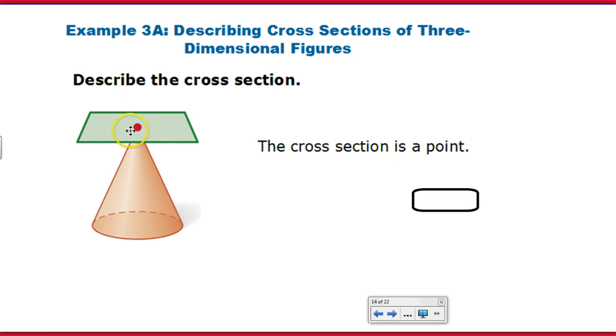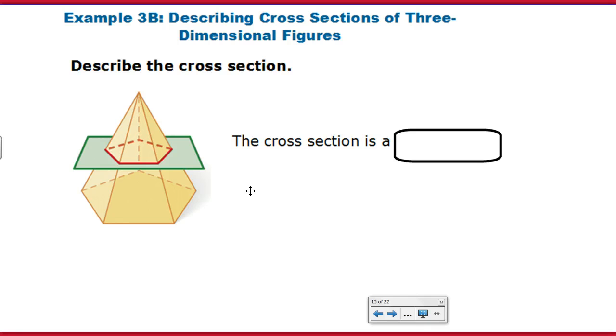It's crossing just at the very vertex of the cone. Imagine we could lower that plane and have it cut through the cone here somewhere. In that case, the cross section wouldn't be a single point, but it could be the points that would create what shape? And hopefully you're saying circle, right?